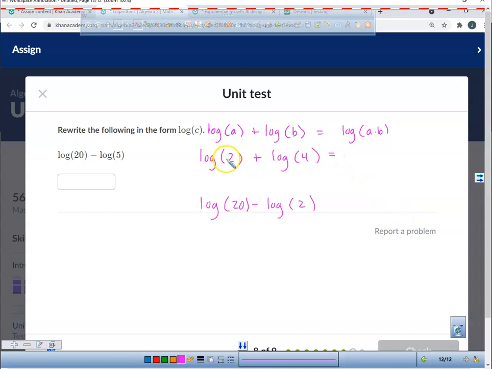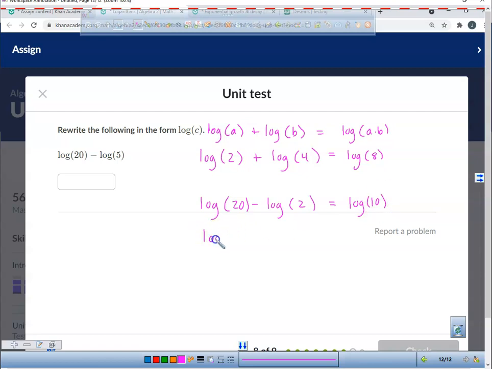So the log of 2 plus the log of 4 will equal the log of 8. The log of 20 minus the log of 2 actually equals the log of 10.